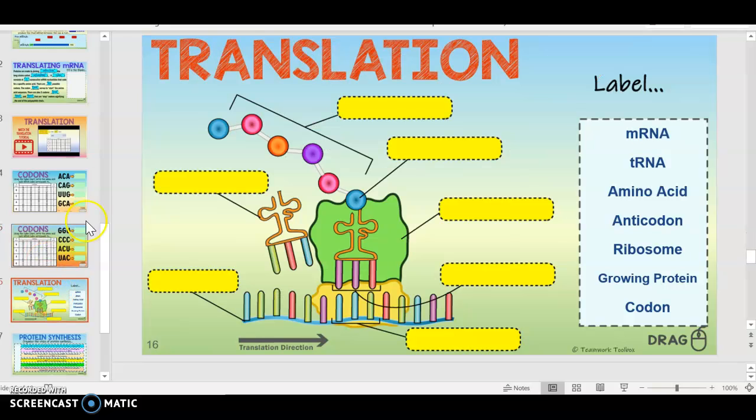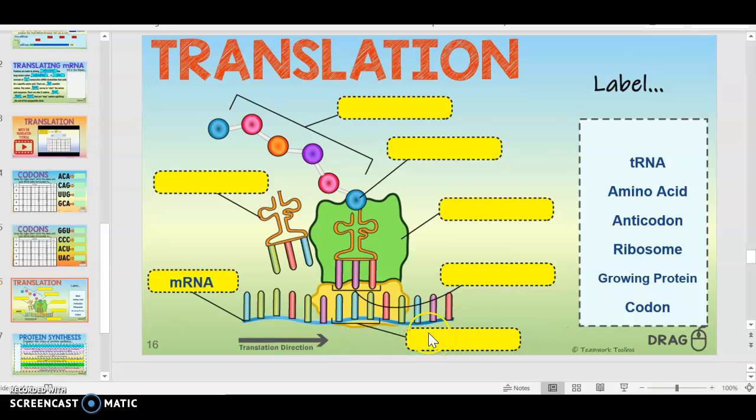All right, then down here we have a picture, and this is somewhere kids have a hard time because these pictures of transcription and translation are so busy. So down here I have this long skinny chain that's usually the easiest to identify right away. That was copied from the DNA. That is your mRNA.